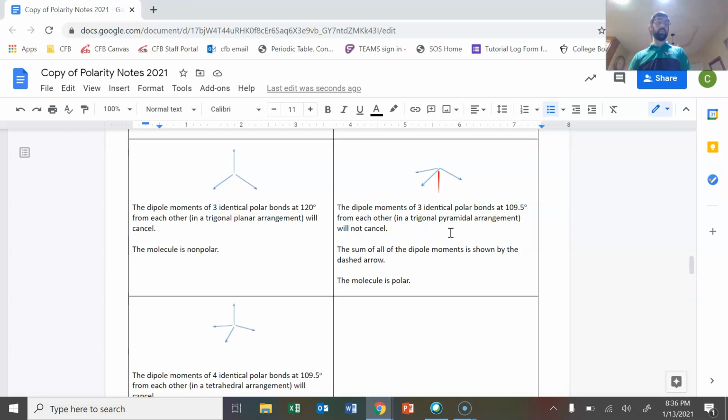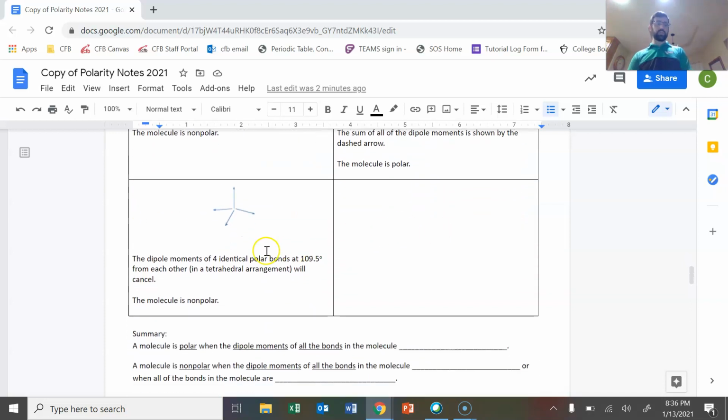The molecule is polar. Now we have the dipole moments of four identical bonds at 109.5 degrees from each other. No lone pairs on this one. It's a tetrahedral arrangement. Those dipoles will cancel out because they're pulling in opposite directions on the electrons.